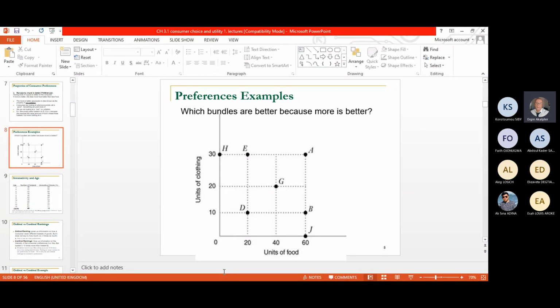The combination at D, 10 and 20, is somewhat less than G. If you move away from the origin, the better-off position becomes enlarged and increased.